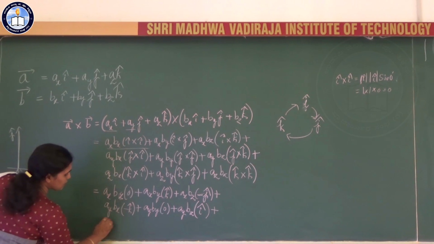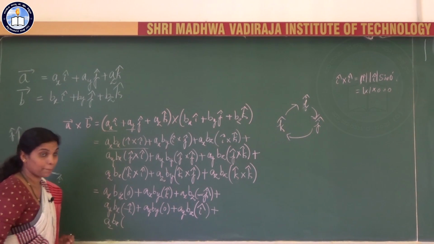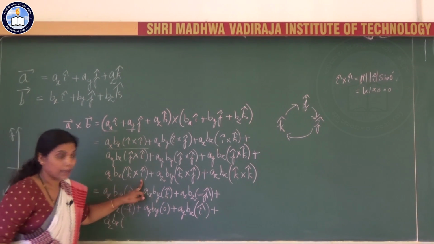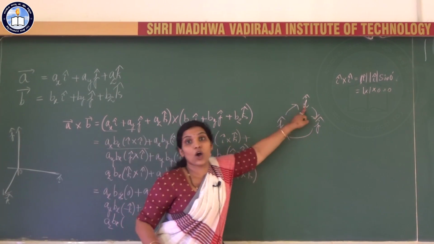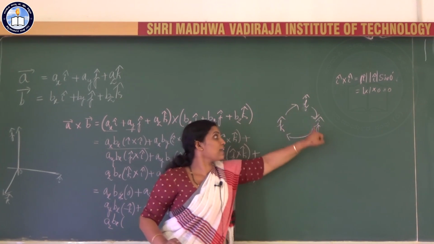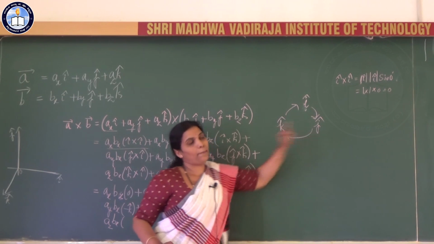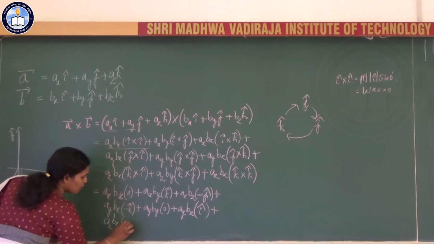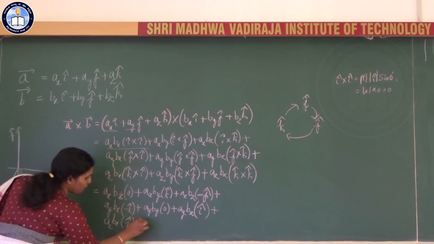Plus Az bx, k cross i, moving in the cyclic order, so k cross i equals j cap.